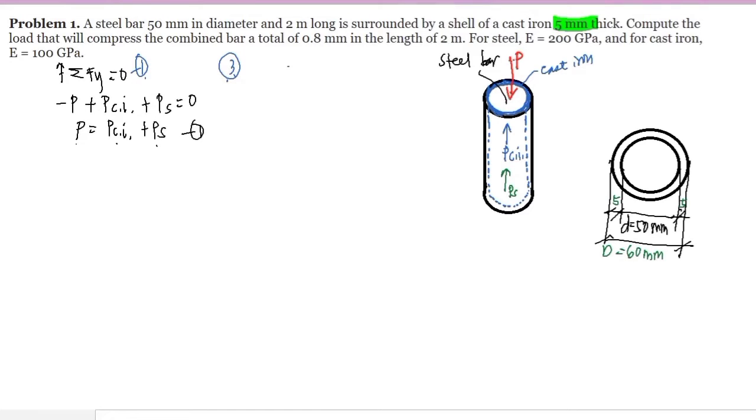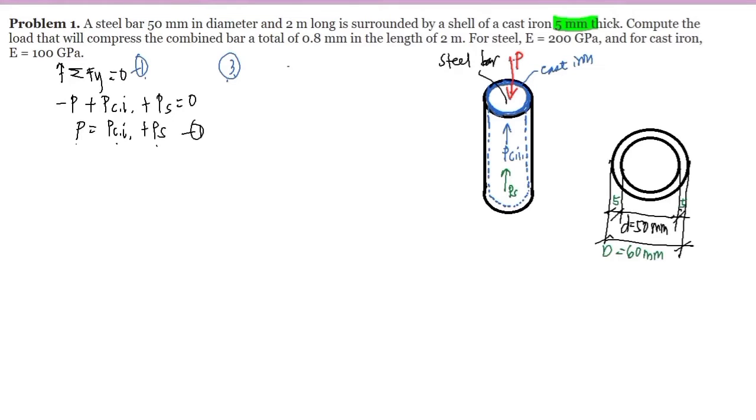So, hihingi tayo ng tulong from the relationship of the elastic deformation, the deformation in steel, and the deformation in cast iron. So, doon magkakaroon tayo ng dalawang equation. So, this 1 equation here plus 2 equations, mayroon na tayong 3 available equations to solve for the 3 unknowns.